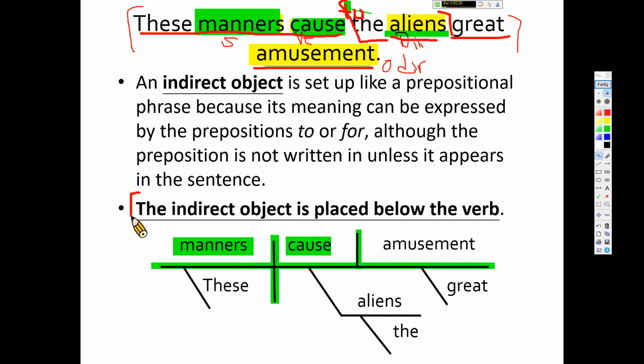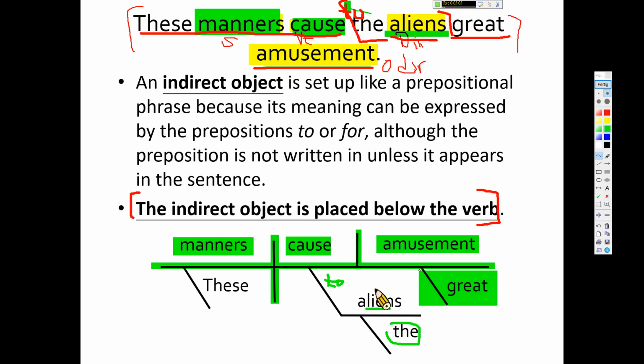So here is how to deal with this kind of indirect object. Let's say this one. Basically, we move "amusement," the direct object, between "cause" and "amusement," modified by "great," right? Then we have the "to," basically this is "to the aliens," right?